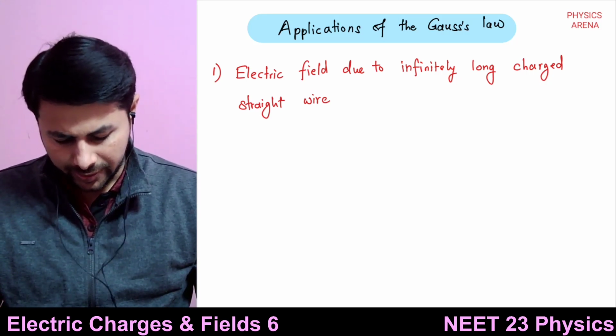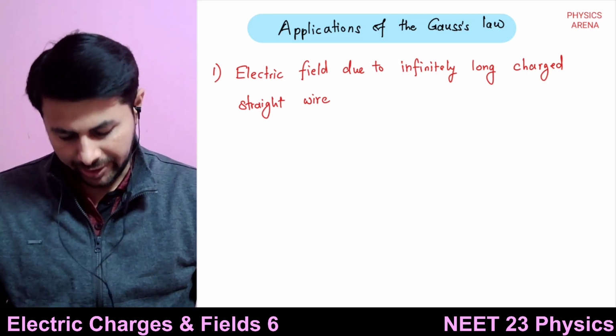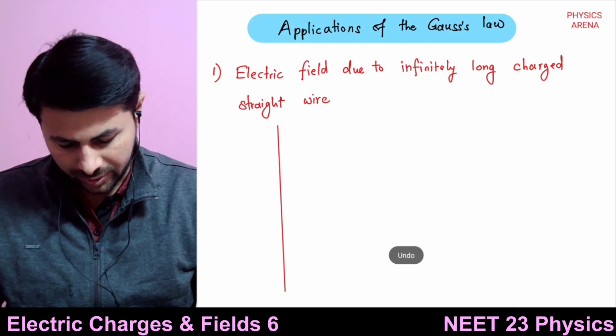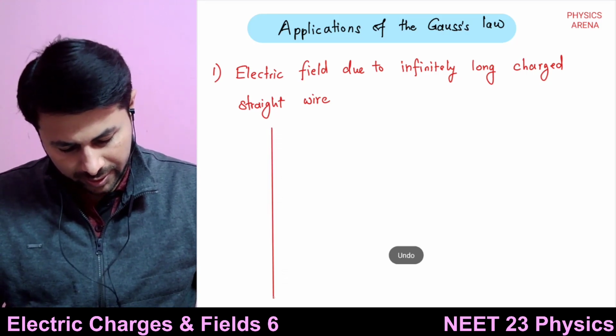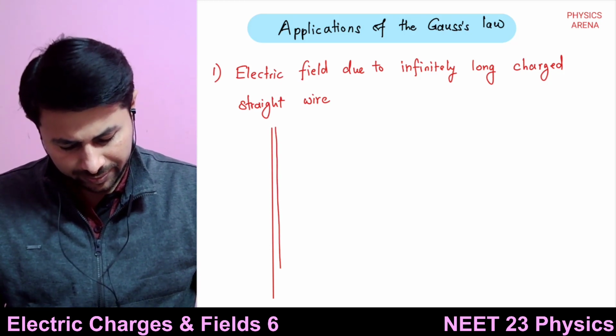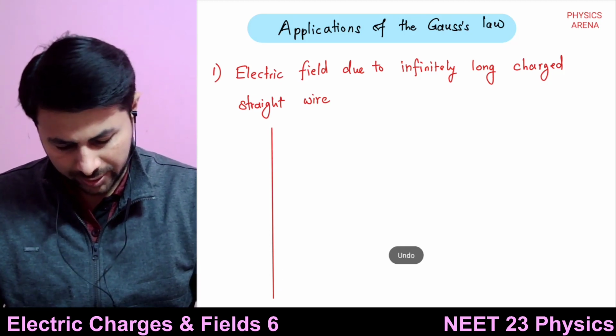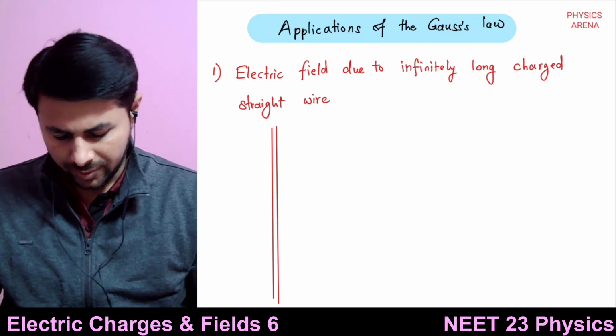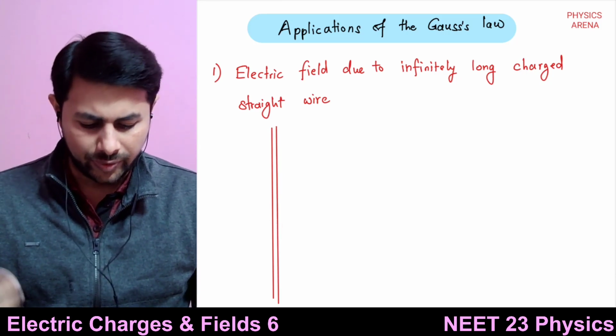So let's suppose that we have an infinitely long charged straight wire. This is just an idealization. We have a very long straight wire and there is some positive charge.